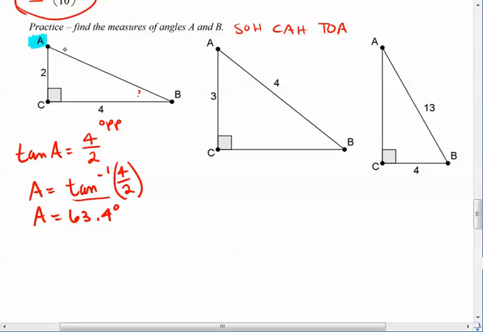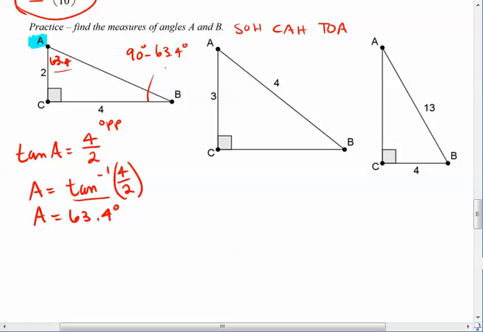Now that I have that A is 63.4 degrees, I'm sure it has not escaped your notice that you could figure out angle B by doing 90 minus 63.4, because this is a right triangle. There's 90 degrees unaccounted for. We just found 63.4. We know they add up to 180.